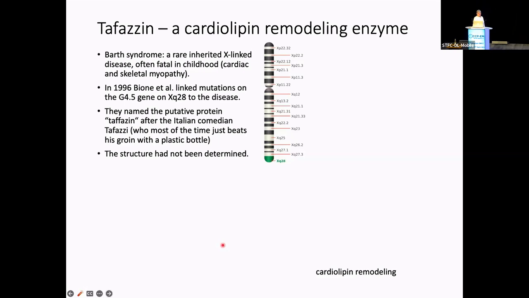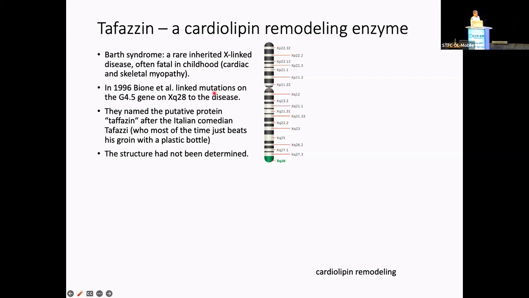And this protein had been identified more than 25 years ago as a protein involved in Barth syndrome, which is an inherited X-linked disease, which is characterized by muscle problems.